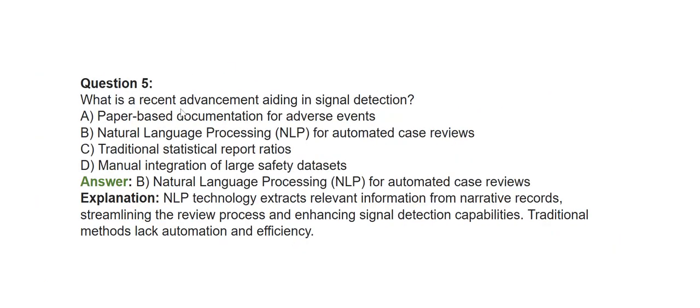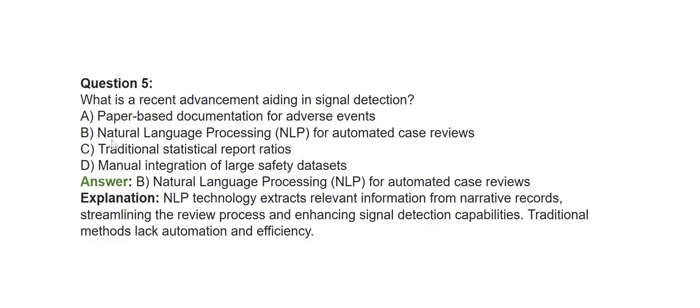Question 5. What is a recent advancement aiding in signal detection? A, paper-based documentation for adverse events; B, natural language processing for automated case reviews; C, traditional statistical ratios; or D, manual integration of large safety datasets? So definitely not A, paper-based, not C, traditional, and not D, manual, as those are traditional monitoring applications in signal detection, but are not advancements.